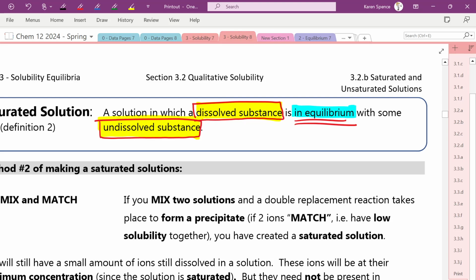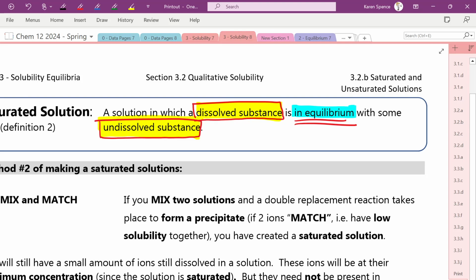And we can actually make this happen without dumping and stirring. Do you remember earlier this week when we took some iodide ions and mixed them with some lead ions, and we got that brilliant yellow precipitate?